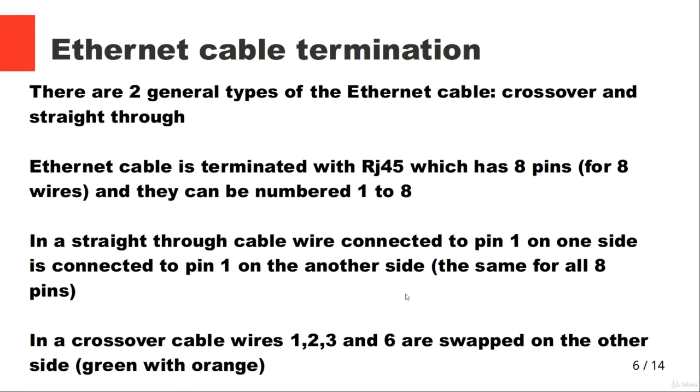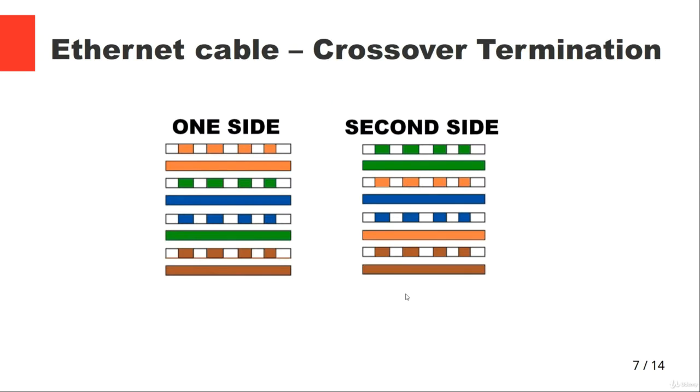In a crossover cable, wires 1, 2, 3, and 6 are swapped on the other side. Green is swapped with orange. That's a crossover cable. So you can see that on this side there's pin 1, pin 2, pin 3, pin 4, pin 5, 6, 7, 8.